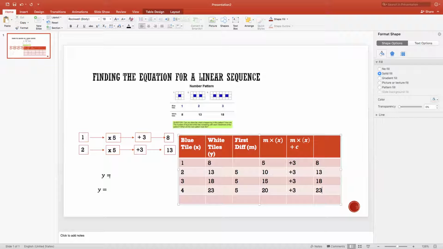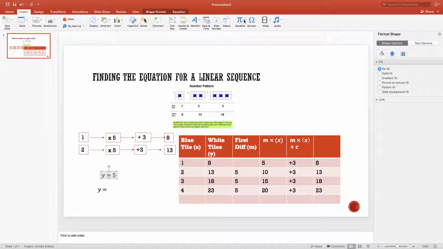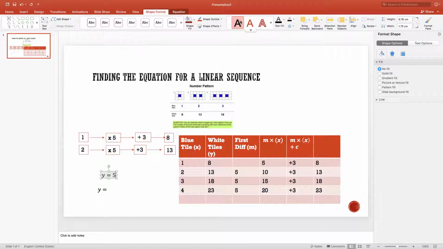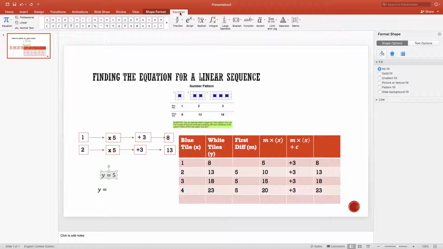So my rule is going to now be 5 times x plus 3.